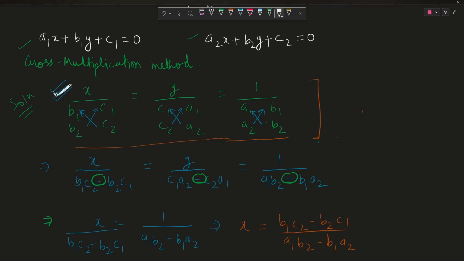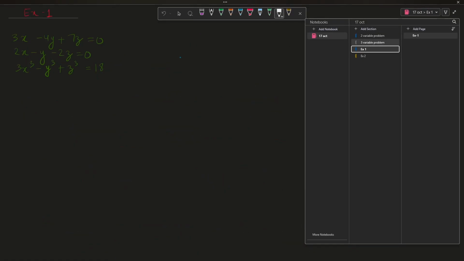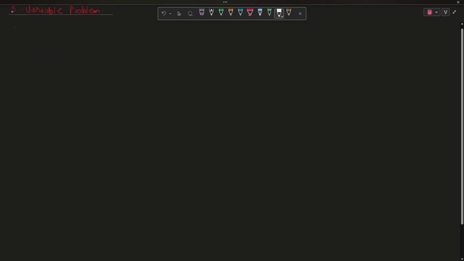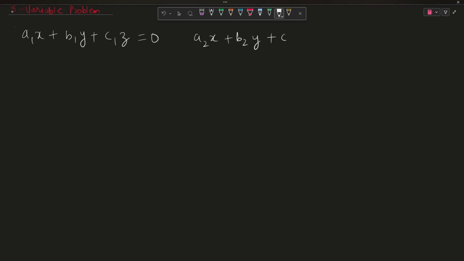How could we use this method? We had two variables, so two variables require two equations, and then we solved it. Now for the three variable problem, let's say we have the equations a1x plus b1y plus c1z is equal to 0, and a2x plus b2y plus c2z is equal to 0.